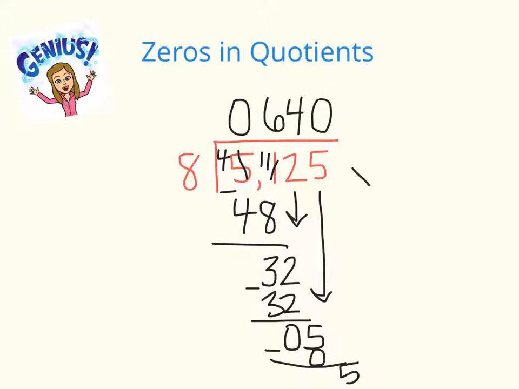Now, I don't have any more numbers to bring down, so now the 5 is my remainder, whereas before I had to use it first because I had just brought it down. But in the end here, when there aren't any more to bring down, it becomes your remainder. So our quotient here is 640, remainder 5.